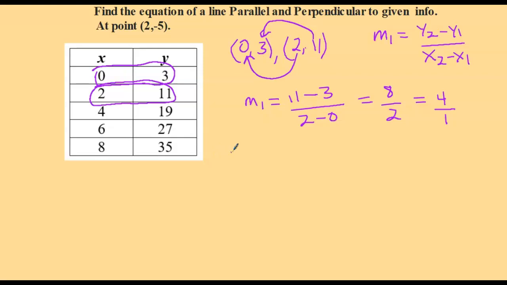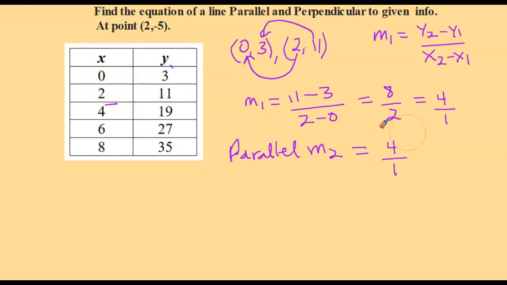We are looking for a parallel slope, this is a parallel slope m2. It's going to be the same, 4/1. And if we want to write the equation for that, it will be much easier for us, because this point here, since x is 0, this is indeed a y-intercept. So that will be much easier.